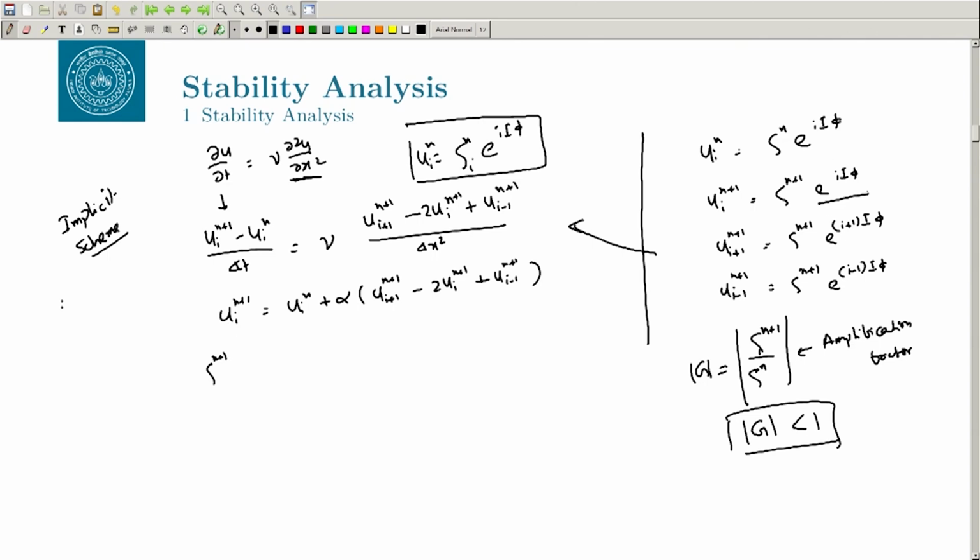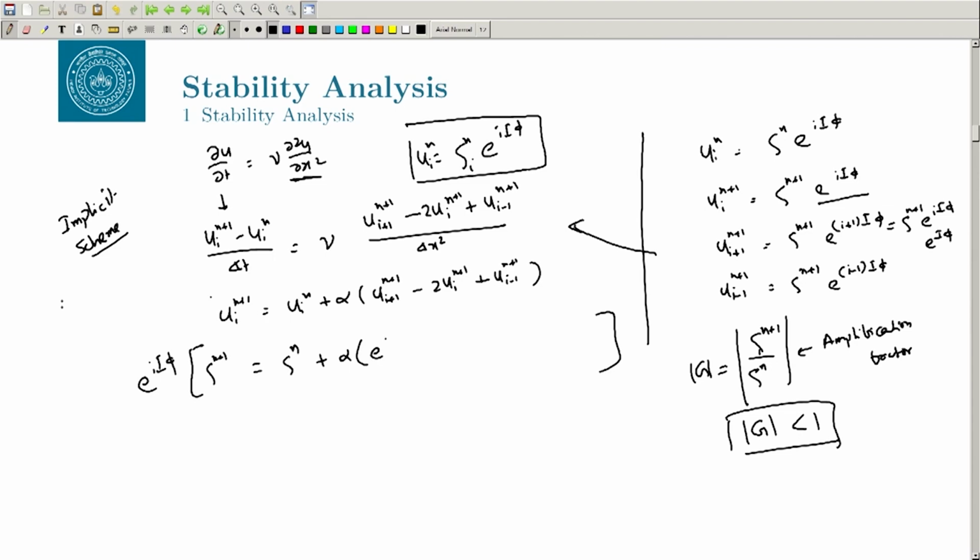So, what I will do, I will take this e to the power I phi common. So, e to the power I phi will be there everywhere, right. So, I will take that common outside, this will become zeta to the power n plus alpha, and then this is zeta to the power n plus 1 e to the power I phi, and then e to the power I phi, right. That is what it will be.